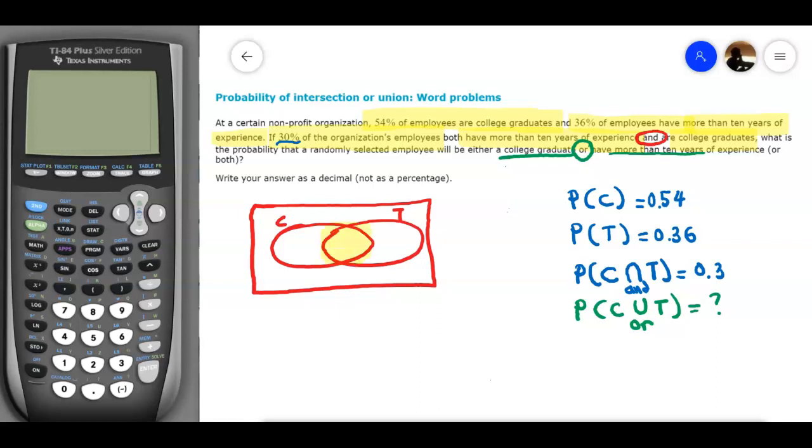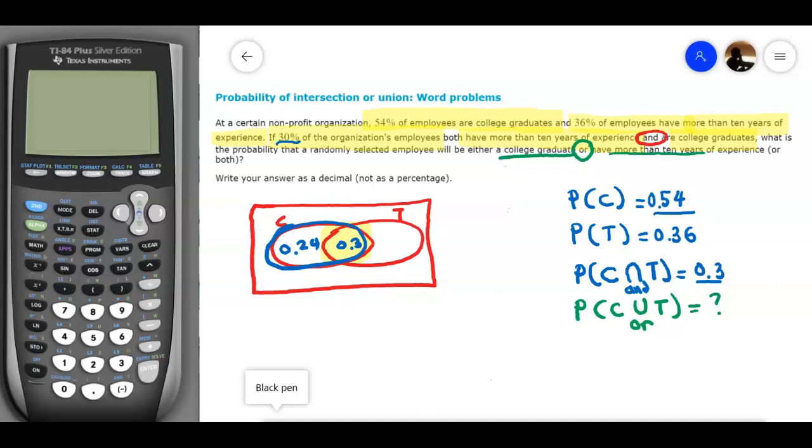The middle here is going to be 0.3. This is the circle of the college degree, and they are 0.54 in total, so the remaining college degree and not tenure is the difference, 0.54 minus 0.3, which is 0.24.